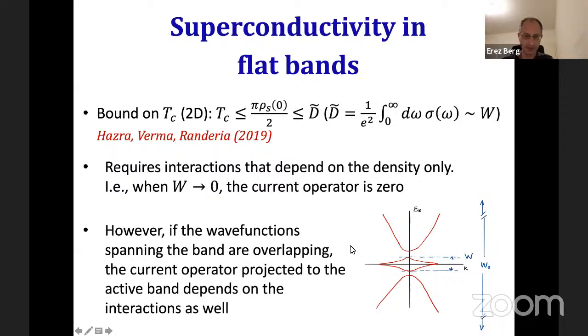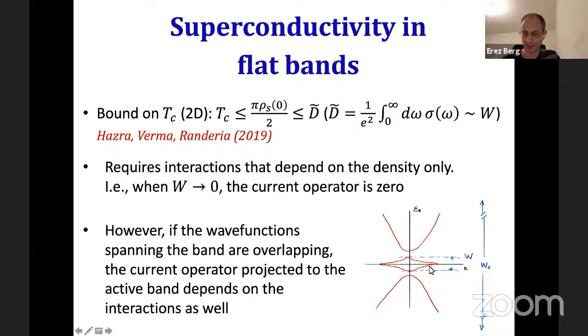If the wave functions of this active band are not completely localized, when you project the interactions onto the flat band, just as projecting the interaction onto a Landau level in a quantum Hall problem, you know that these interactions become more complicated, and in particular, they depend not only on density. So then this is a possible way around this bound.